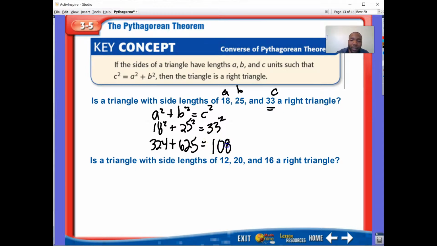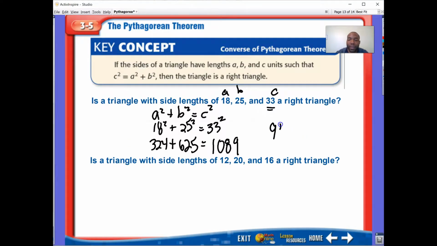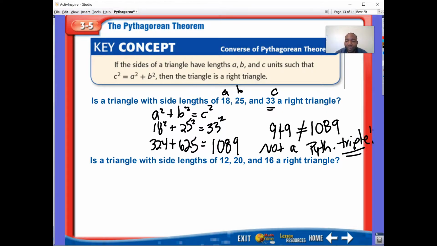Well, let's see, everybody. 324 plus 625 is 949. No, sir. 949 is not equal to 1089. This is not a Pythagorean triple. Why is it not a Pythagorean triple? Because 949 does not equal 1089.